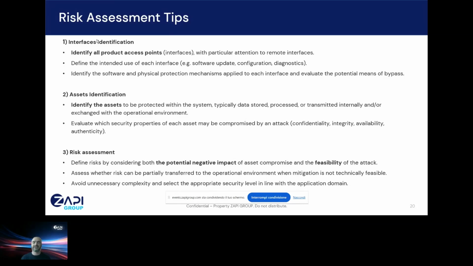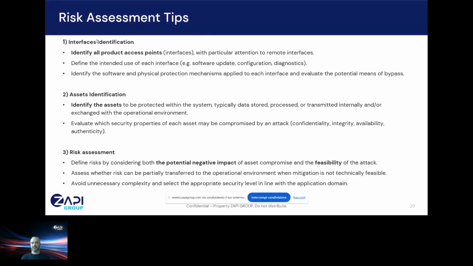After the interfaces are defined, try to understand what mechanisms, physical and software, can be used to protect these interfaces, and also evaluate what happens if these protection mechanisms are bypassed by the attacker.